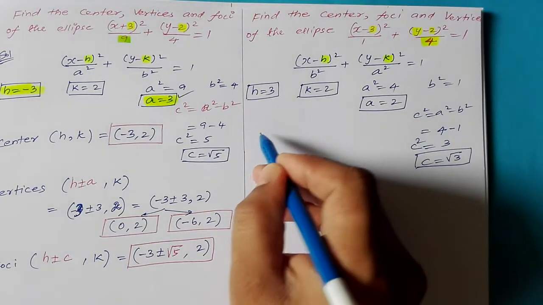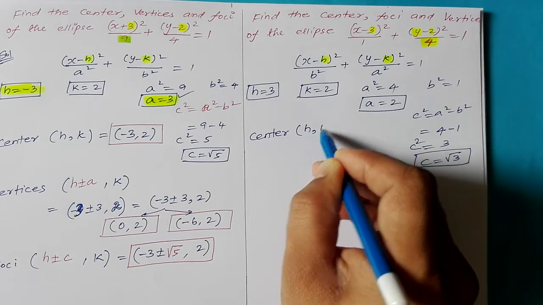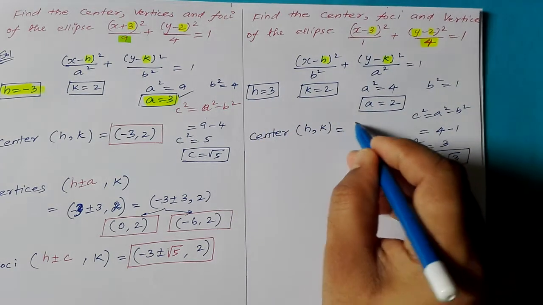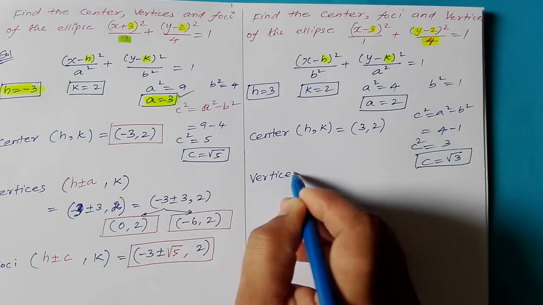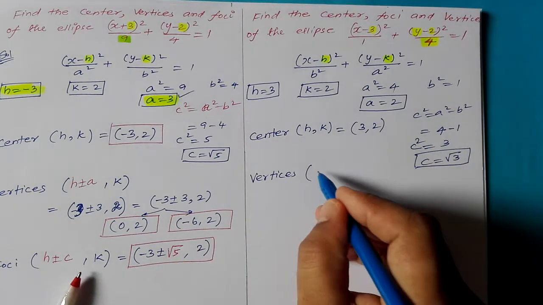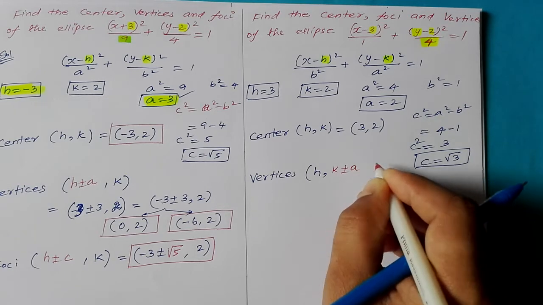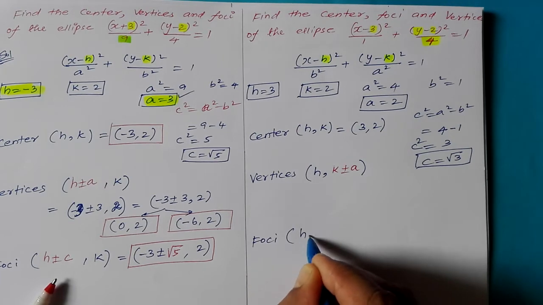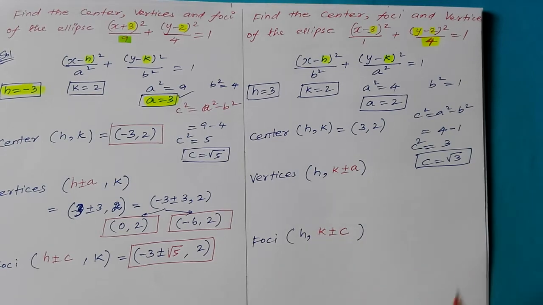Now what is the center? Center is h comma k. What is h comma k? The center is 3 comma 2. What is the vertices? Vertices change in y, therefore h remains same, but here k plus or minus a, and the foci, which is h comma k plus or minus c.